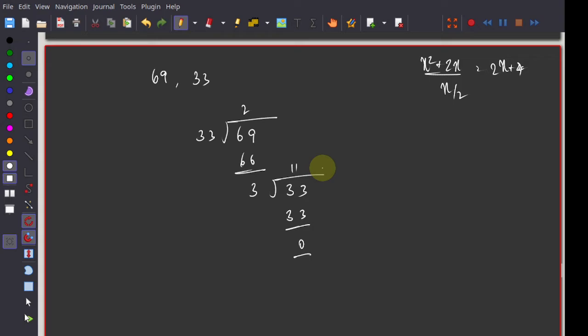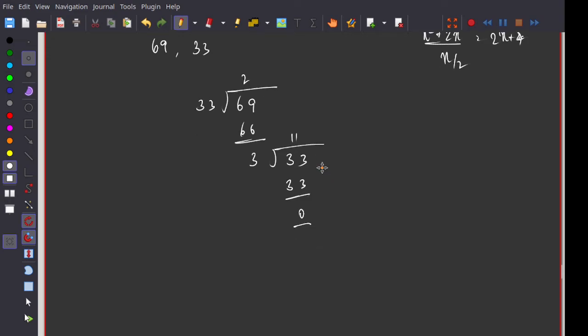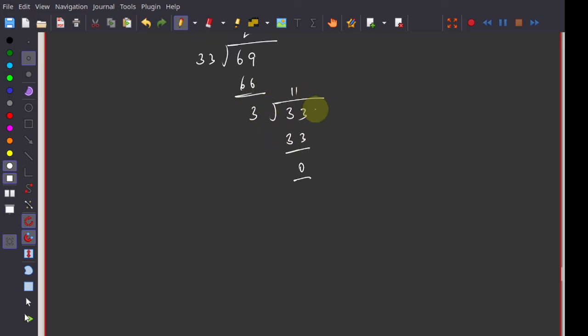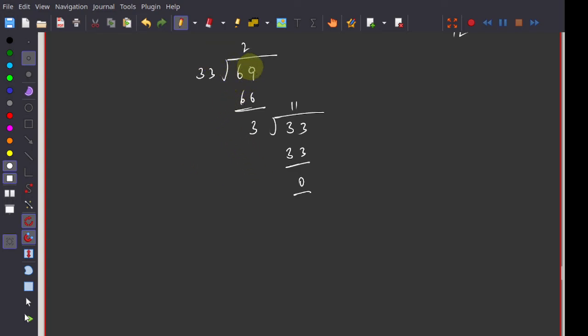So let's go back to this. We use the long division method to find the GCD of two numbers, right? Let us write this down. What can we say about 33? Or maybe let's start at the top. What did we say about 69? So we have that the GCD is going to be the last remainder in the entire process.